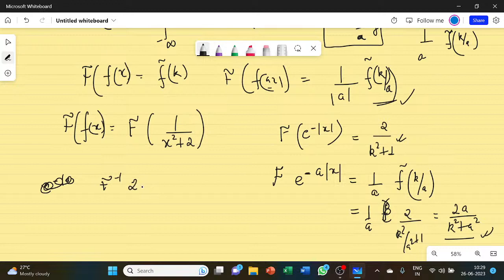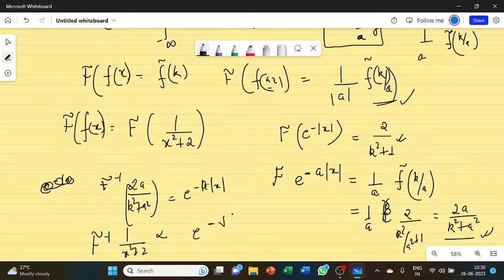So the inverse Fourier transform of 2a upon k square plus a square will be equal to e to the power minus a times modulus of x. So in any case, one thing is quite sure, that if I am trying to find the Fourier inverse of 1 upon x square plus 2, it will be proportional to e to the power minus root over 2 modulus of k, because here if it was x then it will be k. So one thing is very much clear, that this is something the option should reflect.